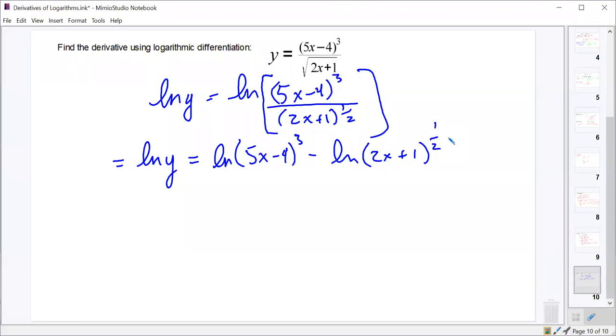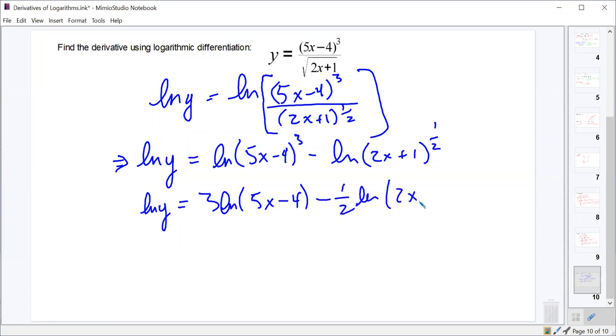Yep. Okay, and then what can I do with the third power and the 1/2 power? Bring them out front. 3 natural log 5x minus 4 minus 1/2 natural log of 2x plus 1. So far good? Yeah.